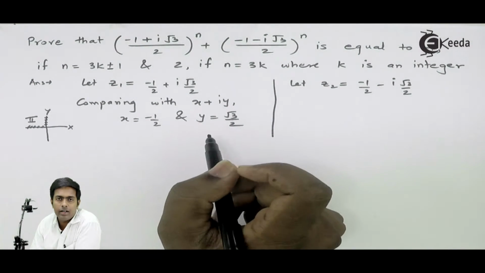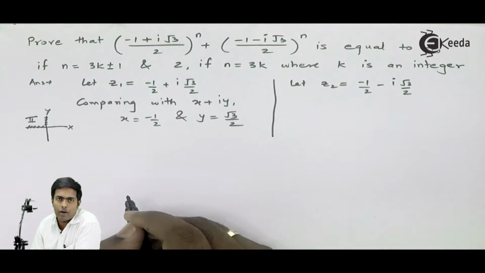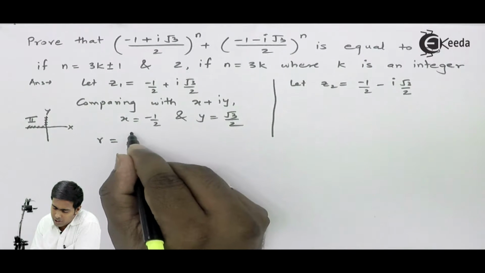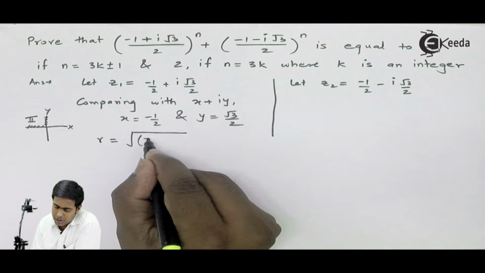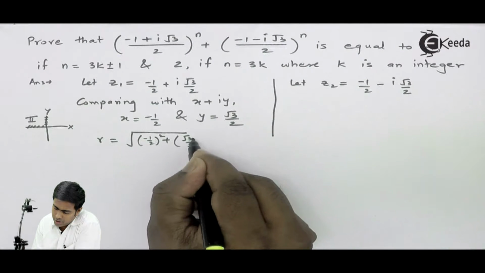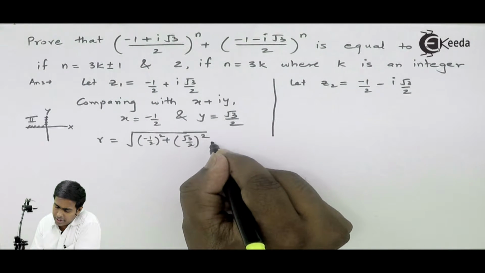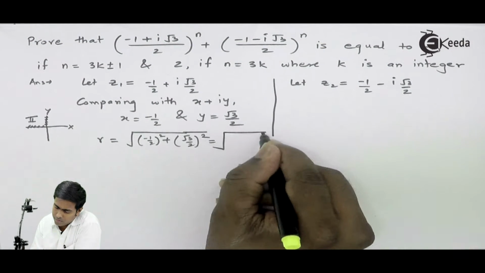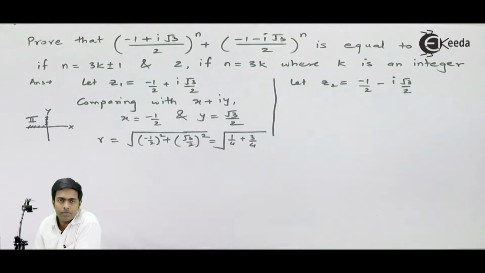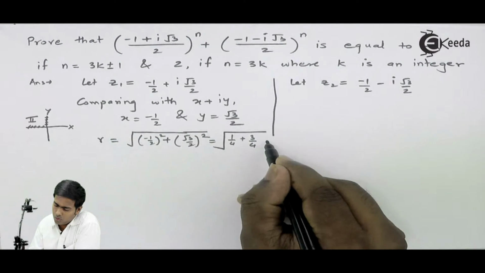So we will find modulus and argument for this so that we can convert it into polar form. The modulus is equal to the square root of x² + y², which means (-1/2)² + (√3/2)². So it will give us the root of 1/4 + 3/4, which is equal to 4/4, which is equal to 1.